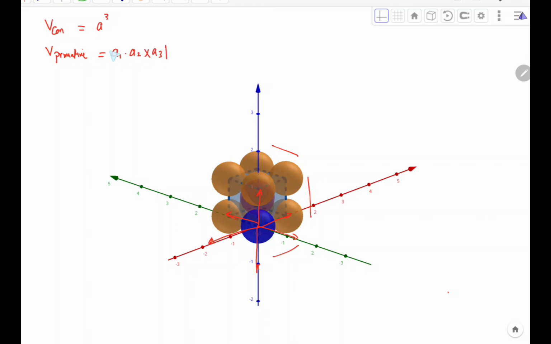Here a1 is equal to half a (x hat plus y hat minus z hat), a2 equal to half a (minus x hat plus y hat plus z hat), and a3 is equal to half a (x hat minus y hat plus z hat).